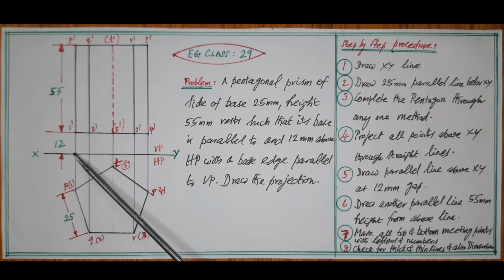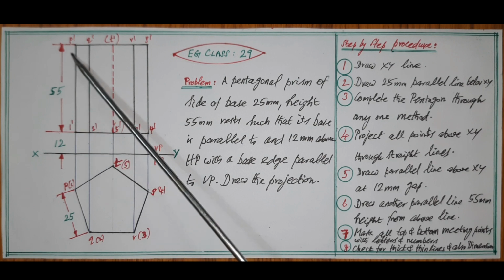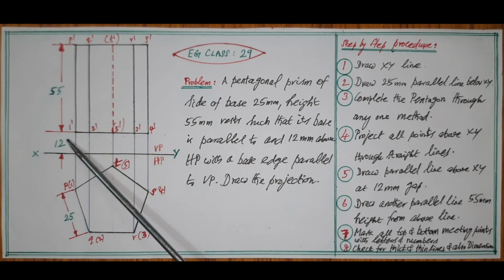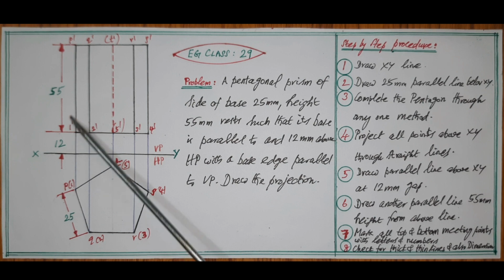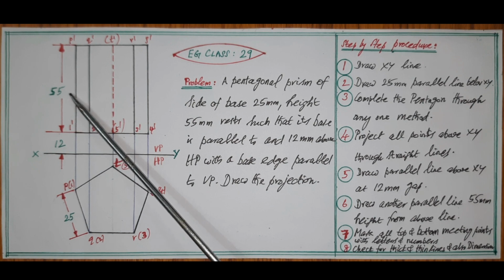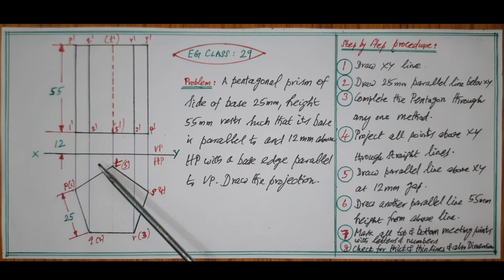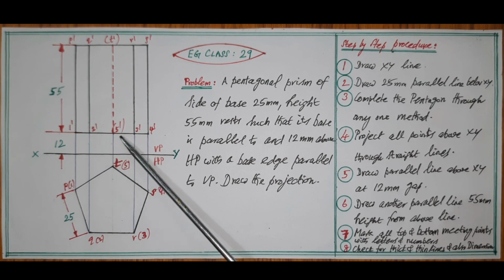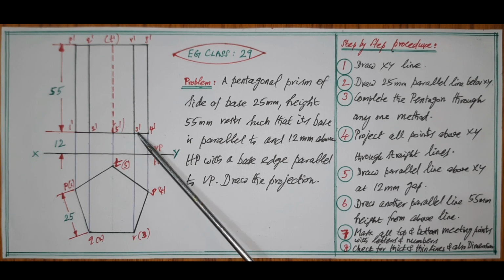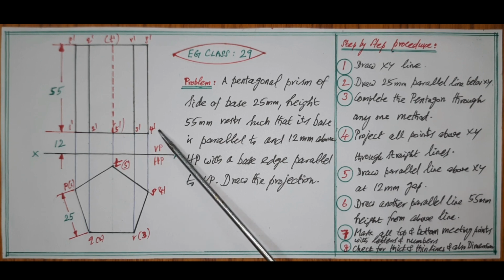From this line, draw another line at 55 mm height above, because the height of the prism is given as 55 mm. Then first mark all the joining points of the projector lines at the bottom base as 1 dash, 2 dash, 5 dash within bracket, 3 dash and 4 dash as shown.